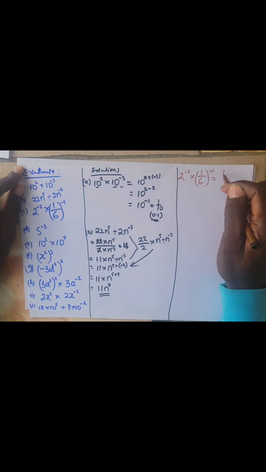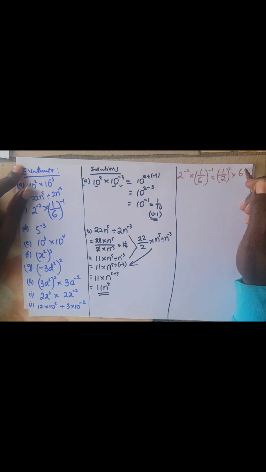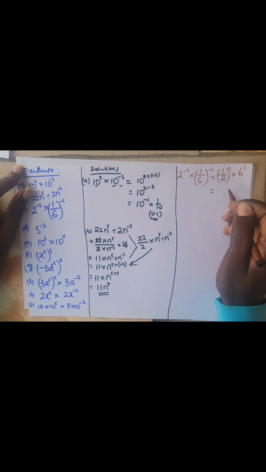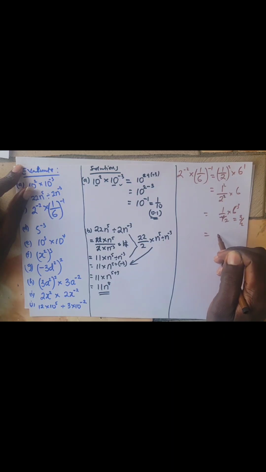This is 1 over 2 raised to the power 2 times, change this also to positive index, 6 raised to the power 1, which is 1 squared is 1, 2 squared times 6. This is what we have, 1 over 4 times 6. 2 can go here, 2 can 3, which is 3 over 2. The answer is 1 whole number 1 over 2.